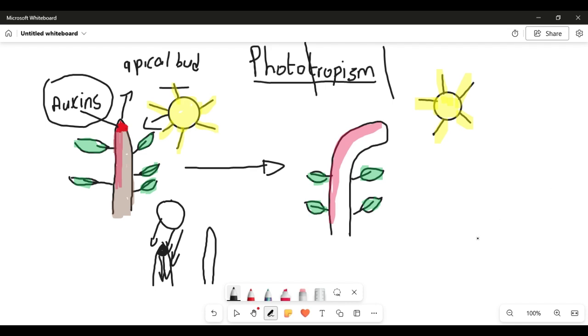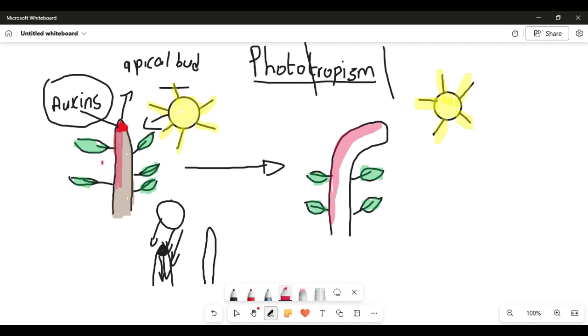Okay. So what happens when a stem is exposed to unilateral light? When a stem is exposed to unilateral light, the auxins will run away to the darker side. In particular, this side.